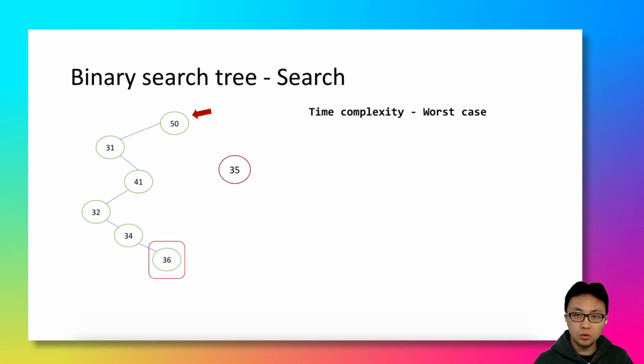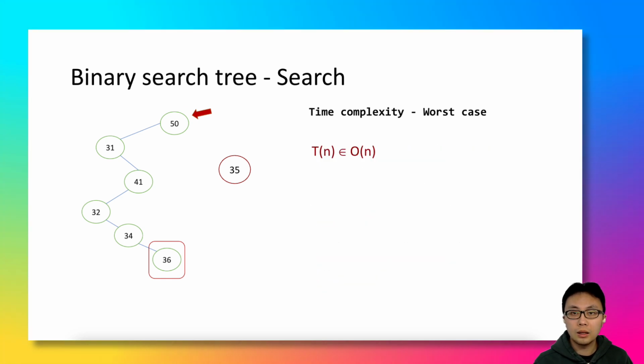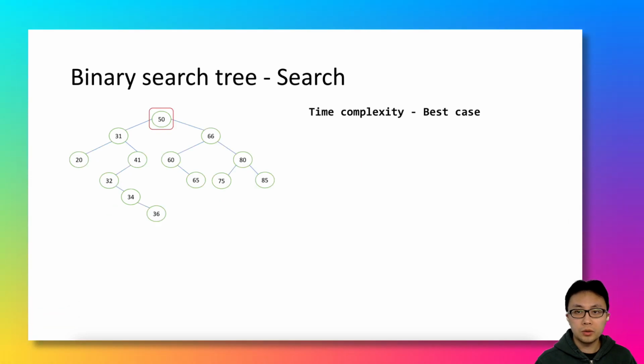Assuming that a binary search tree has a total node number of n. In the worst case, every node is compared to the target in the search process, and every comparison takes constant time. So the time complexity of the worst case is linear time, expressed as T(n) belongs to big O of n.